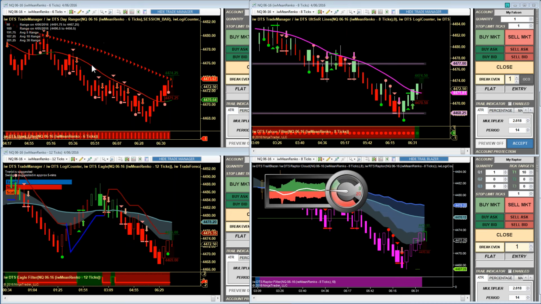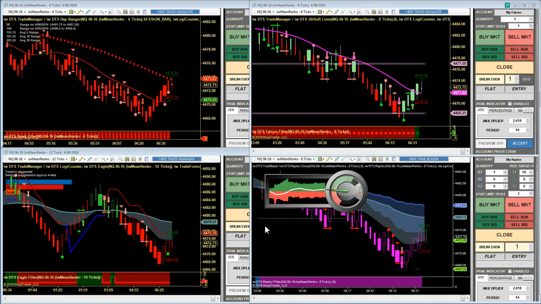The diversified trading system is diversified because we're looking at the market from 3 different points of view. So we've got the Hawk Scalper here on the top left, the Falcon Swing Trader top right, Eagle Trend Trader bottom left, and the Raptor the bottom right.